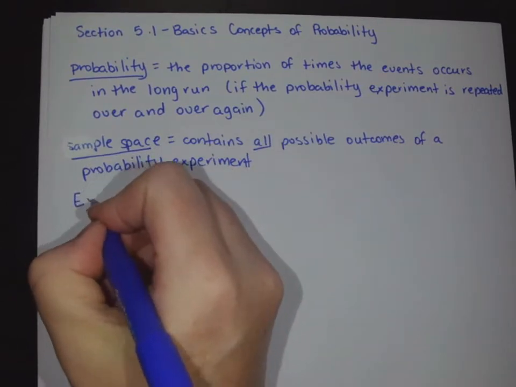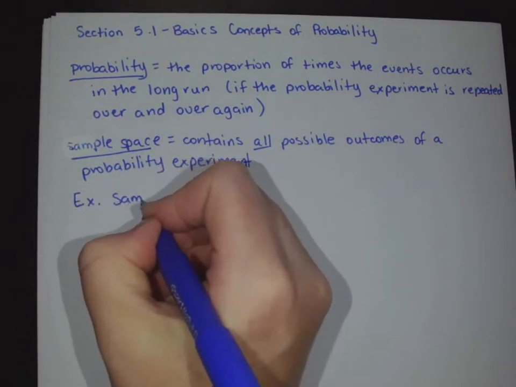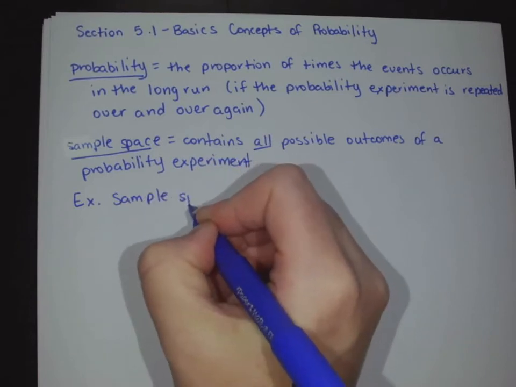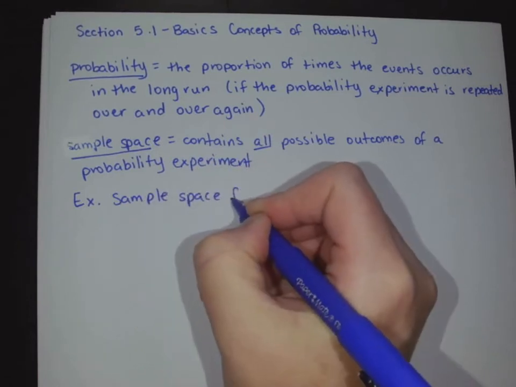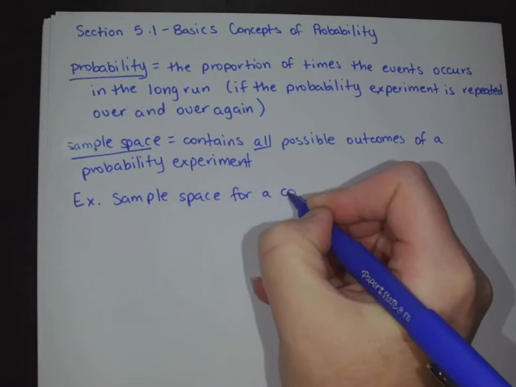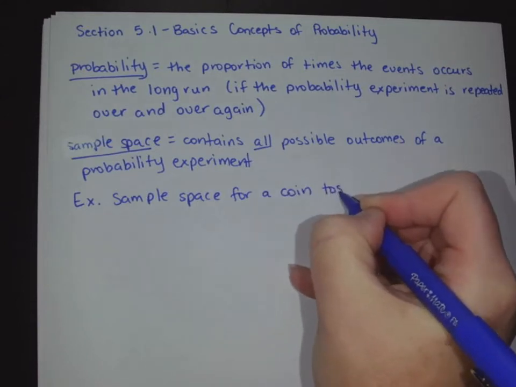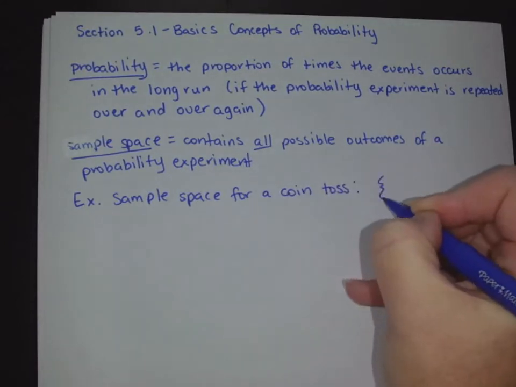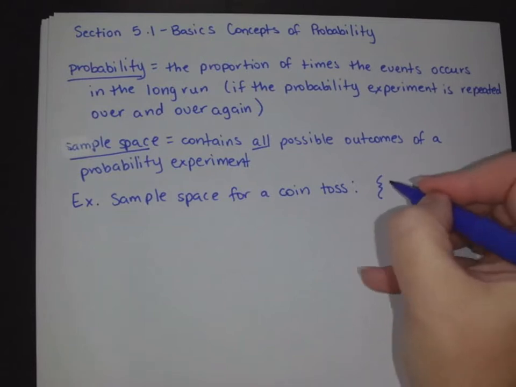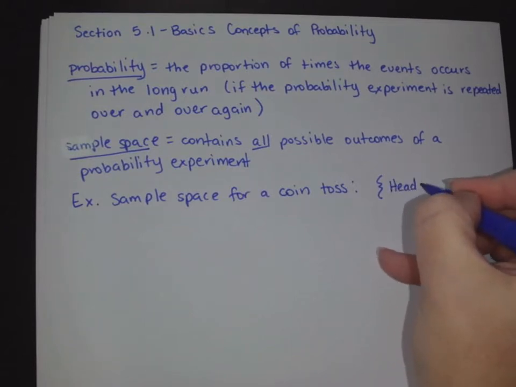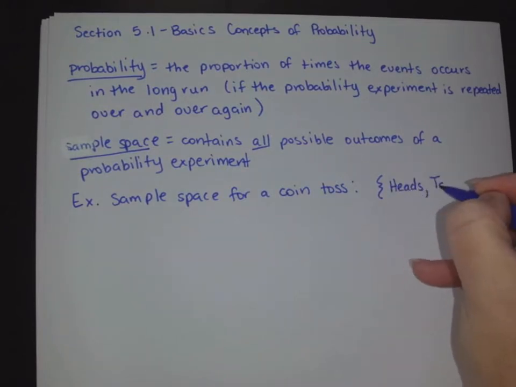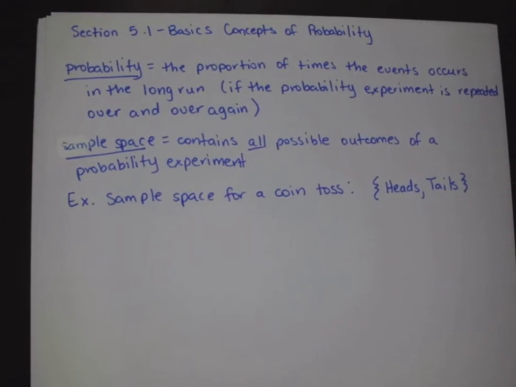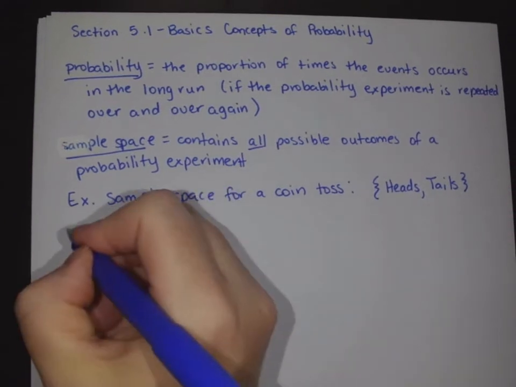So let's take the coin toss that I just mentioned. If we wanted to list all the possible results you could get from a coin toss, notice there's only two choices, right? So we would use a curly brace and we would say one of the choices it could land on is heads, and the other choice is tails. You always list them separated by commas and then surrounded by the curly brace. So that's what a sample space is.